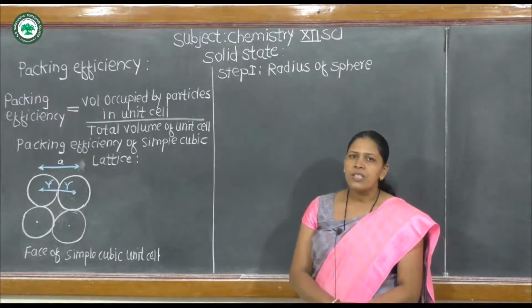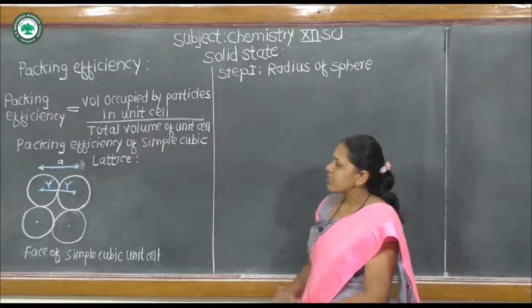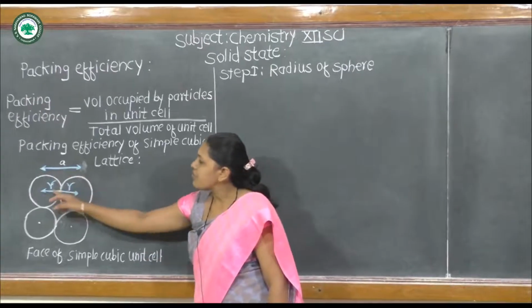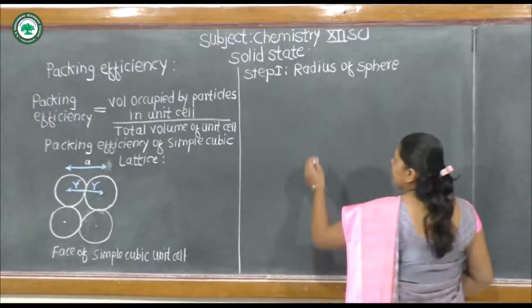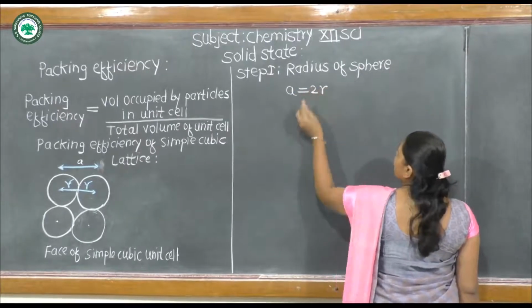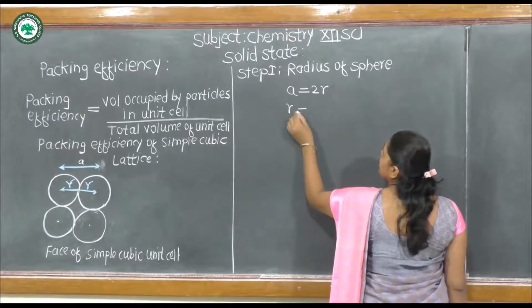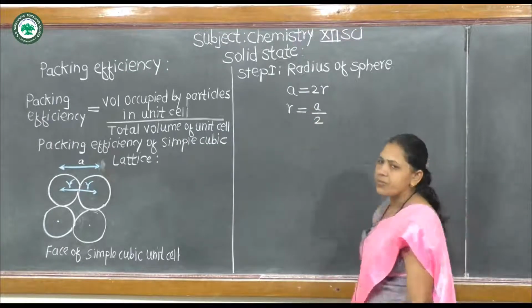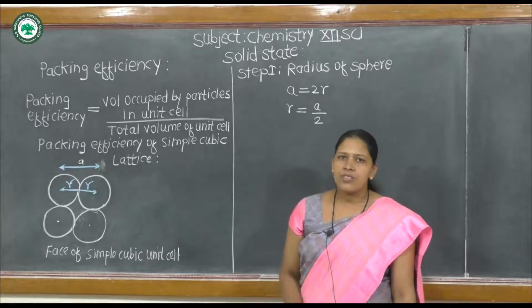Therefore, from this diagram it indicates that A is equal to 2R, and hence R is equal to A by 2. This is the first step.